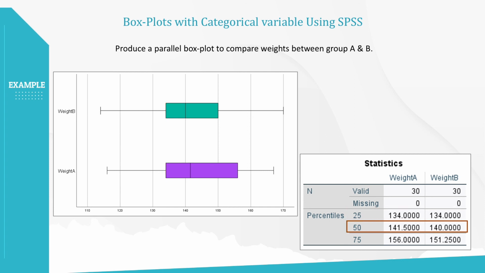On the chart, these are represented by black lines inside of the box. Lastly, 75th percentile is the third or upper quartile. On the chart, these are the right edge lines of the box.